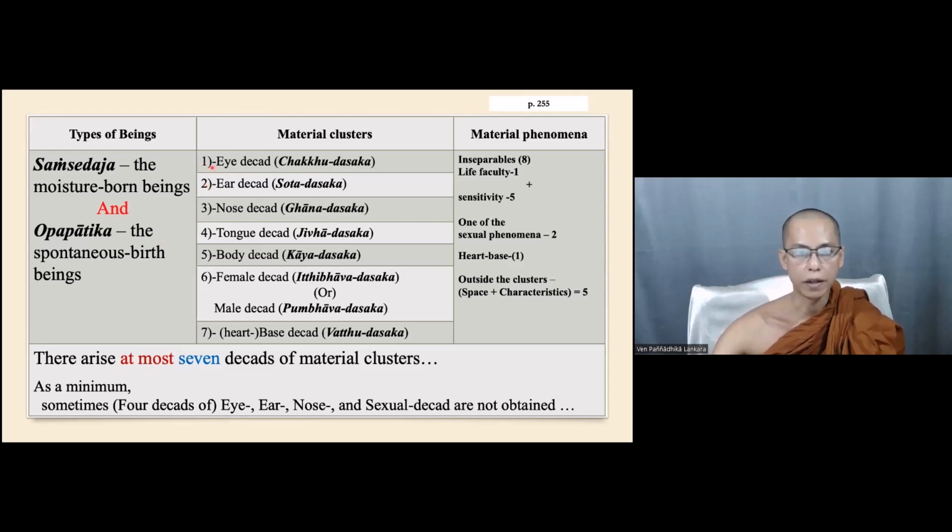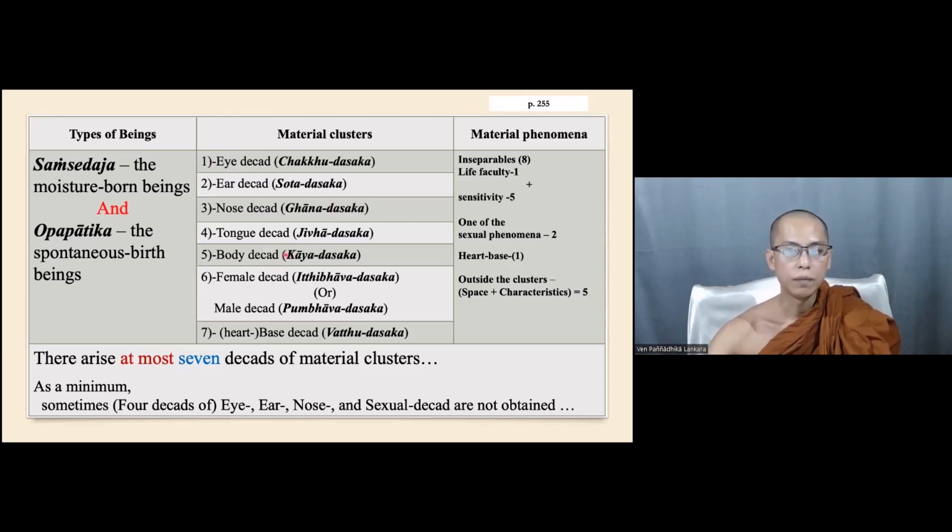What are these seven? The eye decad, ear decad, nose decad, tongue decad, body decad. Female or male, only one can be obtained, even at the very first moment we are born as male or female, because they are produced by karma. Our karma produces the rebirth linking consciousness and also the karma-born materiality at the same time, in the very first moment of our life.